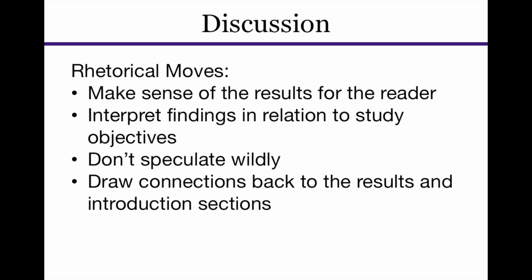The final section of an empirical research report is the discussion section, in which you make sense of the findings that you presented in the results section. In the discussion, you should also relate your findings to the study's objectives and draw connections back to the results and the introduction section. And if your introduction section introduced previous scientific literature, your discussion should draw connections back to that literature.